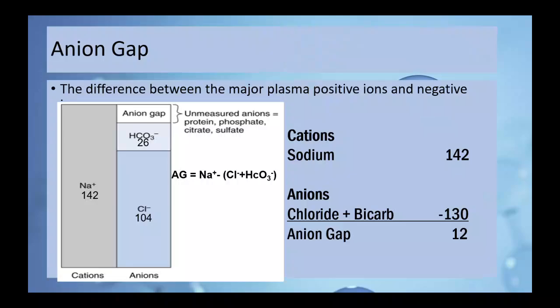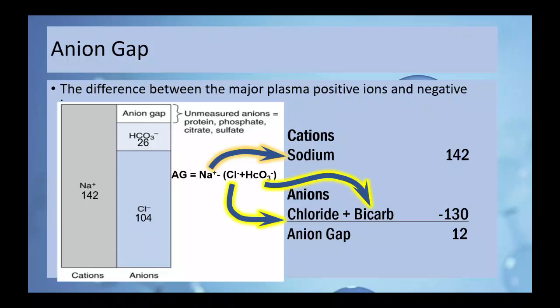This slide is just a simple, straightforward review of the differences between the major positive ions in the bloodstream and the negative ions in the bloodstream, creating the anion gap. That is, you combine chloride and bicarbonate and subtract that from sodium.